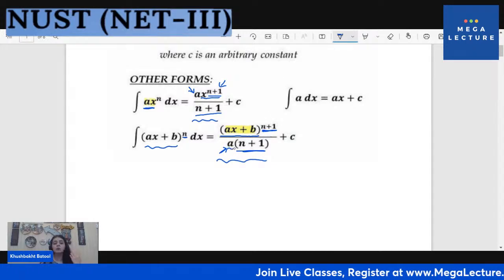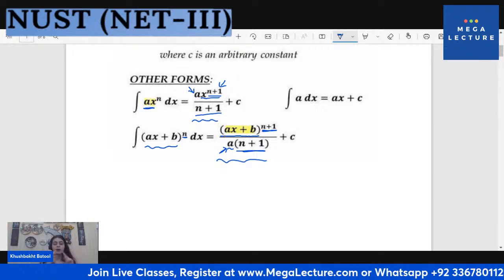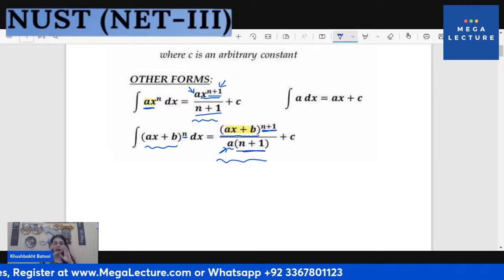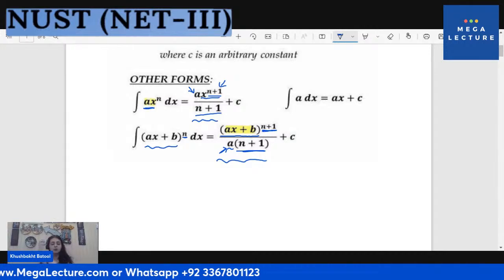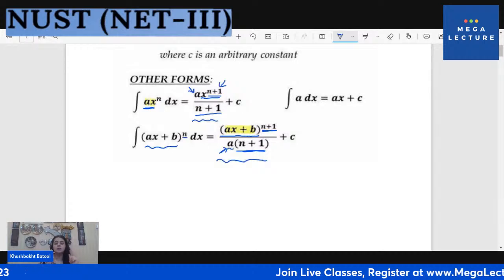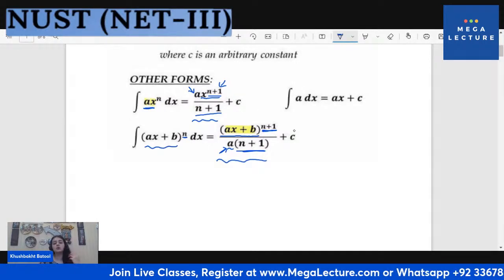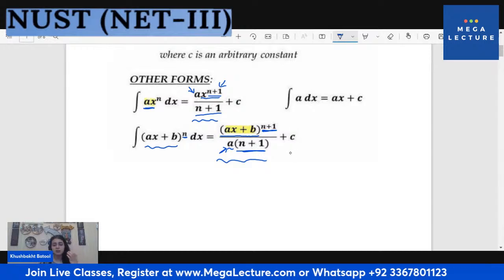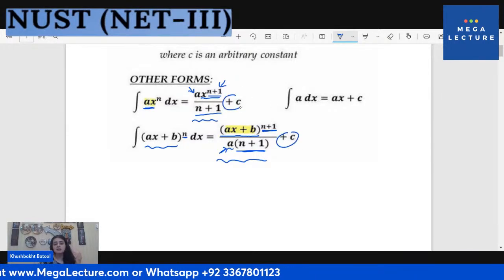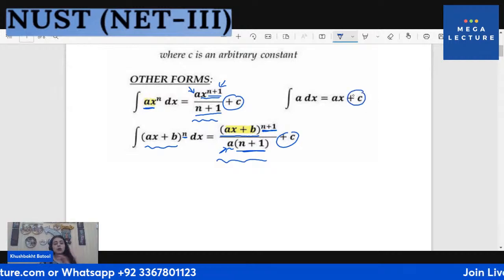So it may not be this a, it could be anything, right? So now we know whenever we have a bracket and then we have a power and you've been asked to integrate it, the bracket stays as it is. You add 1 to the old power, you divide it by the new power, and you divide it by the derivative of the bracket. Okay, so this would be your answer. And since all of these are indefinite integrals, because we do not have the limits, this c is going to come as it is.